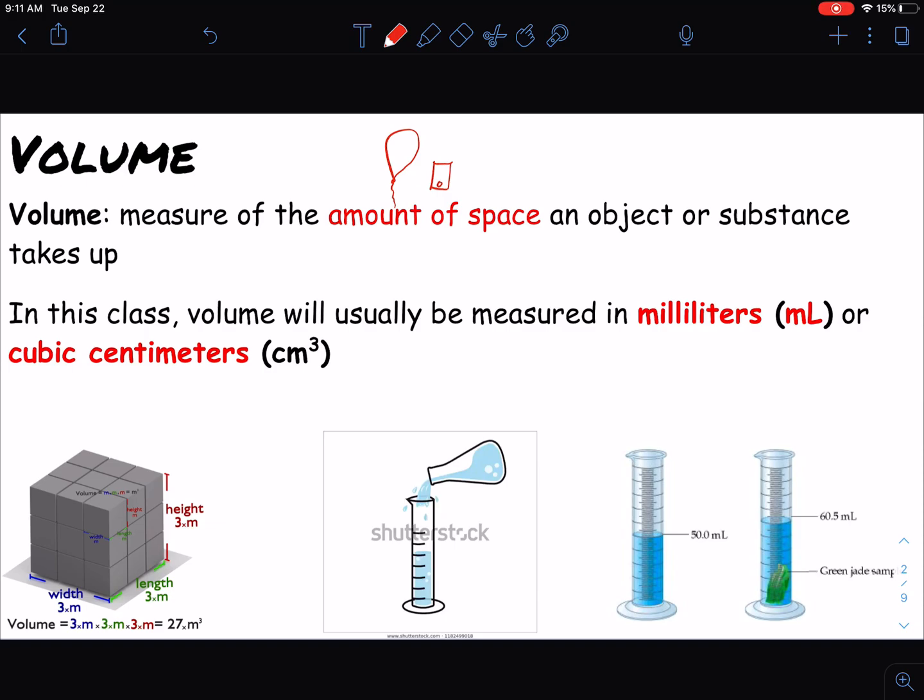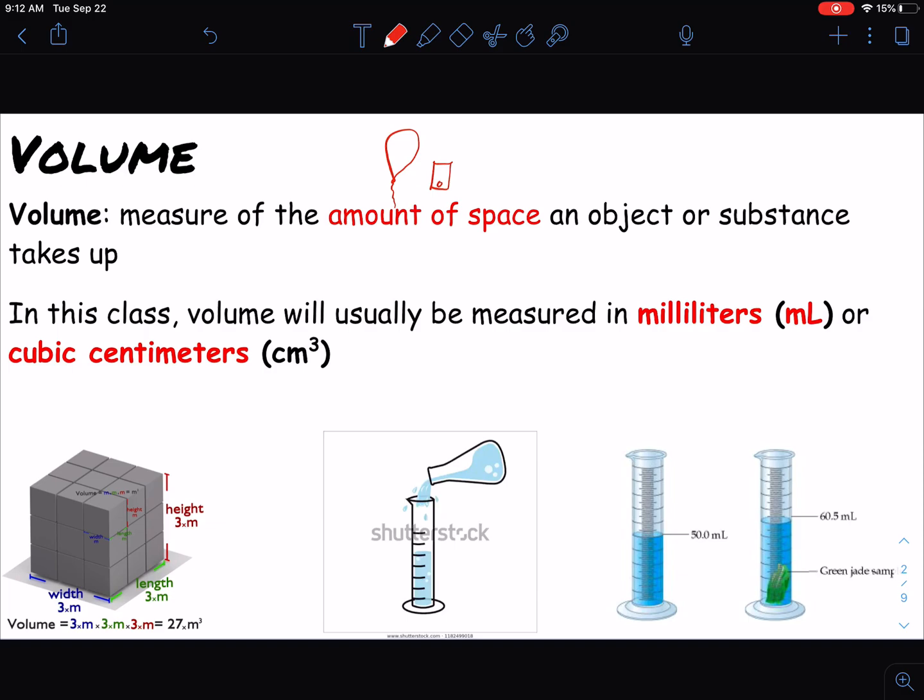The balloon takes up much more space than your cell phone, but the balloon has much less mass. It's not as heavy as your cell phone. So more volume does not always mean more mass, but they both do take up space. And that's what we're looking at with volume.